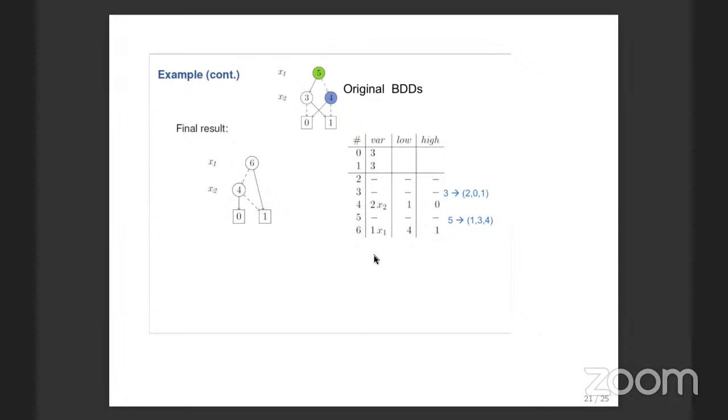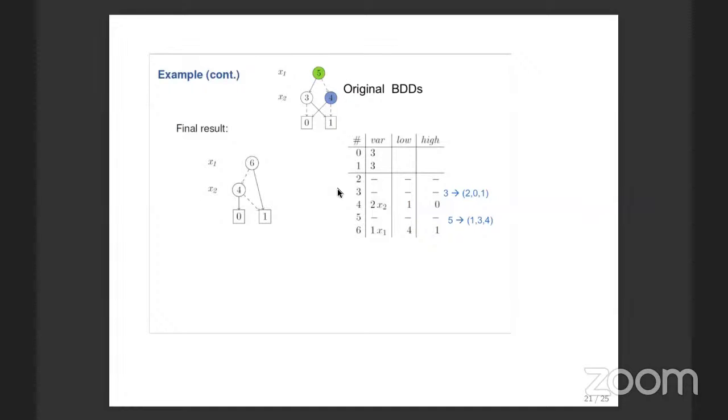Yeah, as you can see, this whole thing is linear in the total size of the two BDDs. Linear, yeah, so it's a linear time algorithm, okay? And you should remember, most BDD operations are linear time in the size of the argument BDDs, okay?